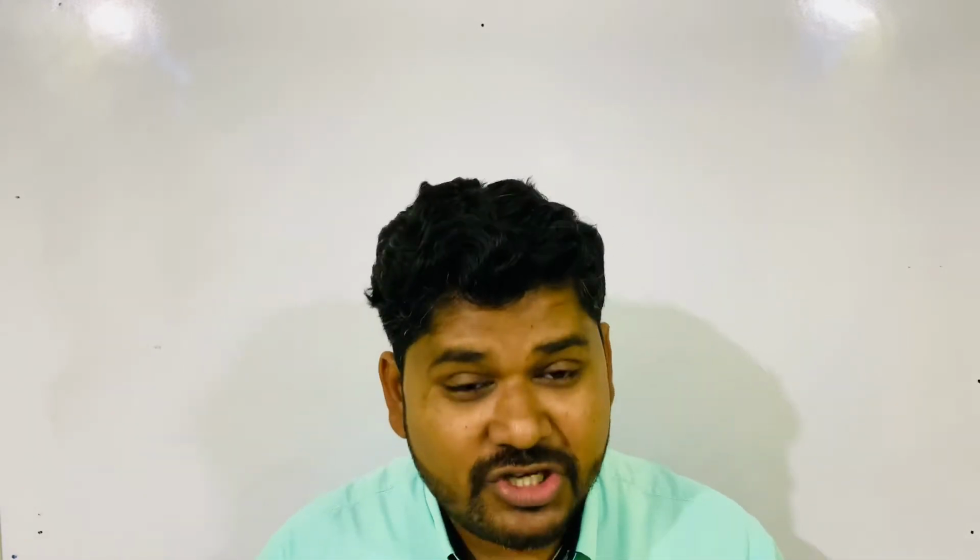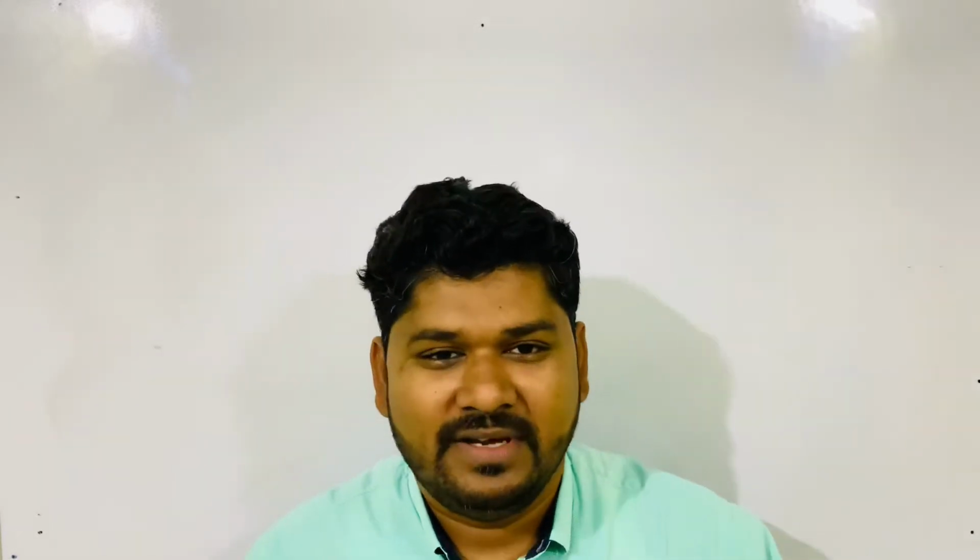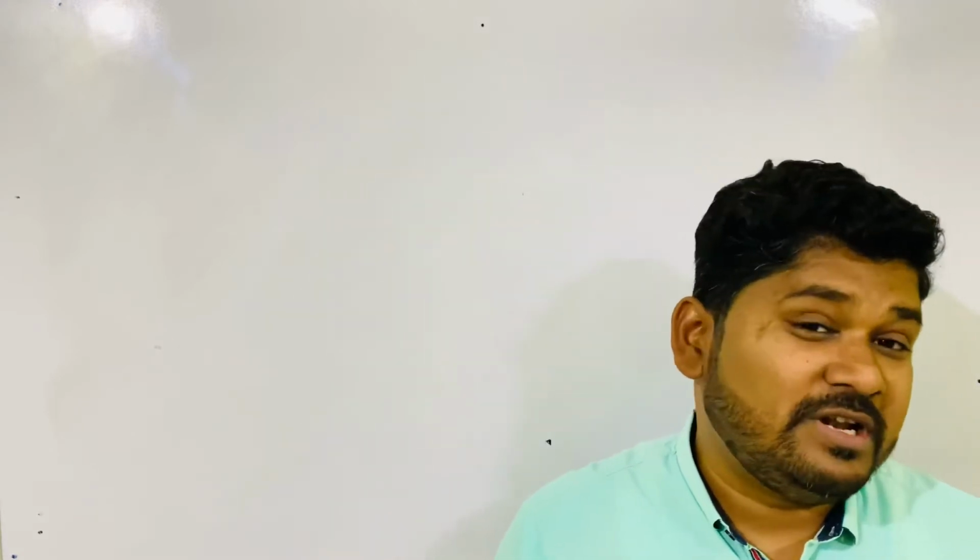Heavy metallic bob suspended from a rigid support by means of a flexible, weightless, inextensible string or thread is called a simple pendulum. But what question will come in exam?